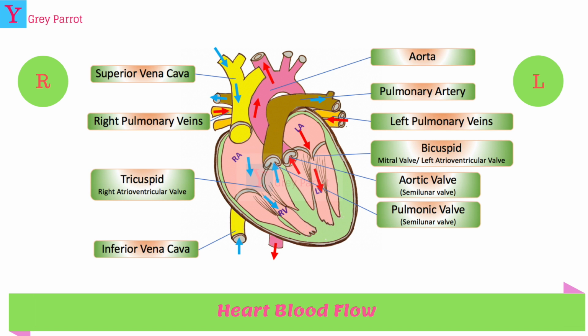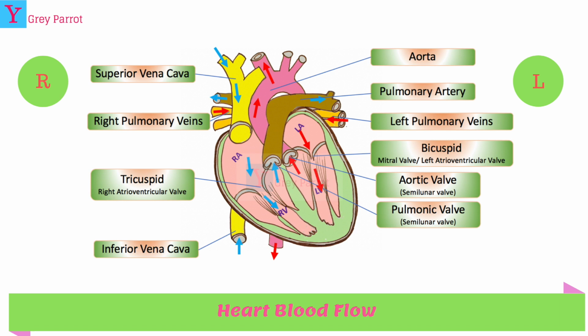The superior vena cava will take the deoxygenated blood from the top of our body, and the inferior vena cava will take the deoxygenated blood from the bottom of the body and send it to our, what is it again? Yeah, you got it. Right atrium, and our right atrium will send it to our tricuspid.